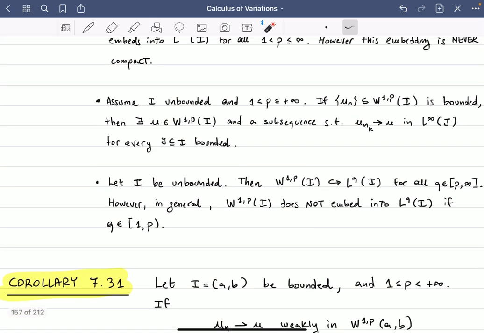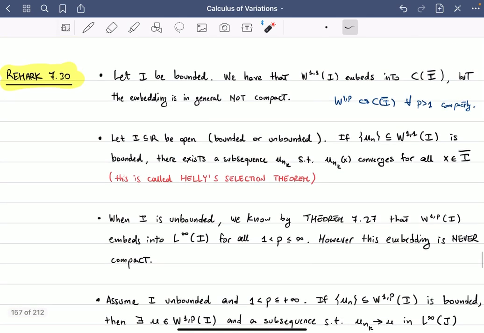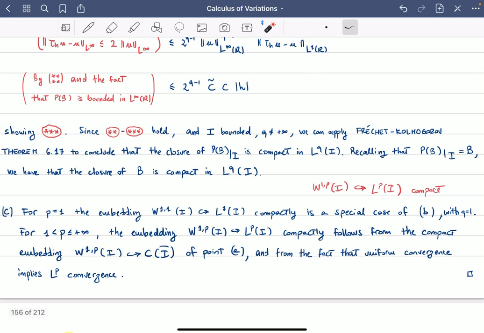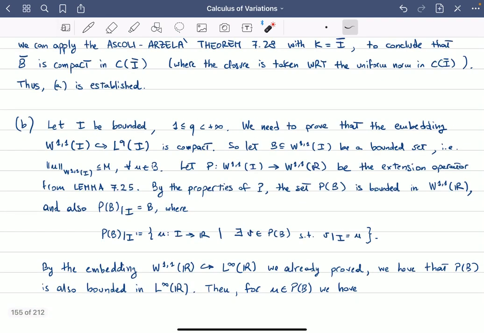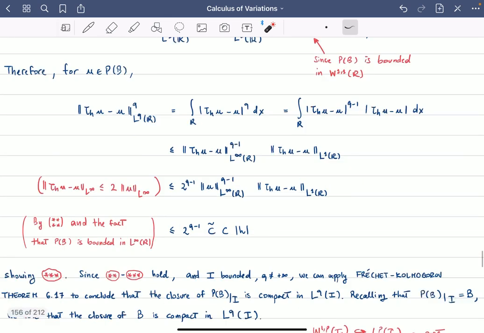And instead, if I is unbounded, then we know that W1P of I embeds into LQ of I for all Q larger than P. However, in general, it is not true that this embeds into LQ of I if Q is between 1 and P. And this was exactly the embedding we had here, for W11 embedding into LQ.